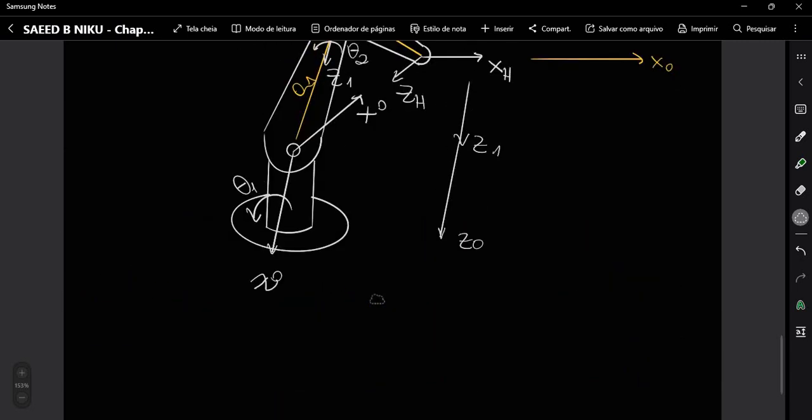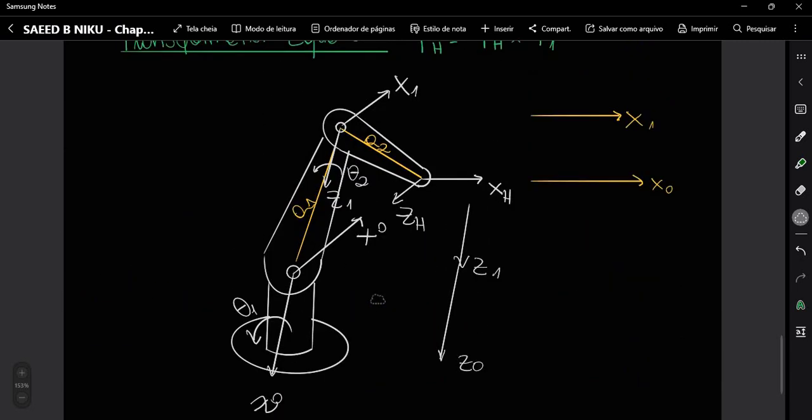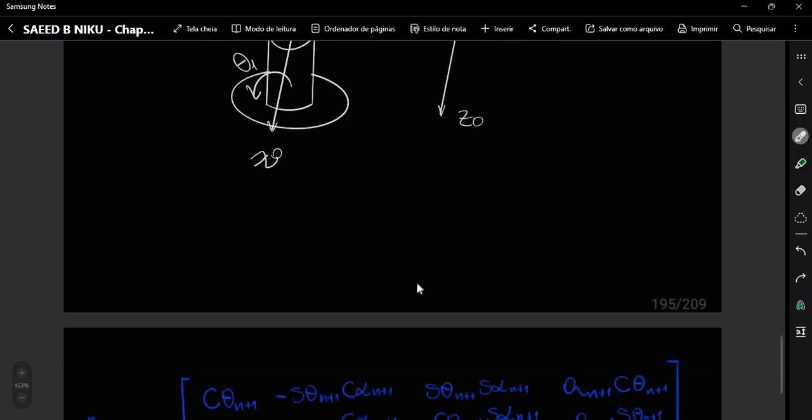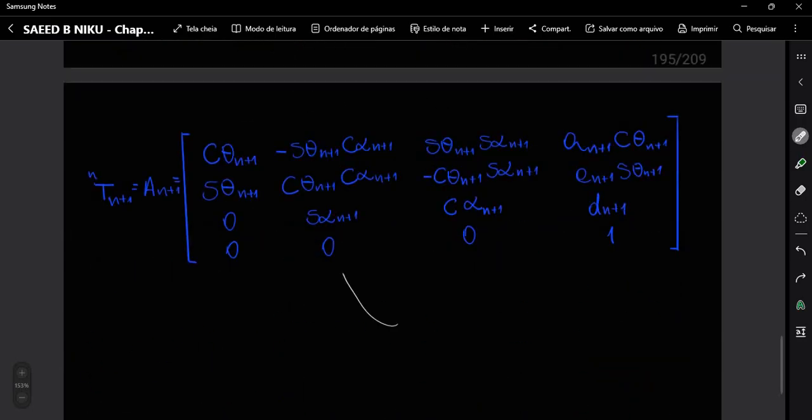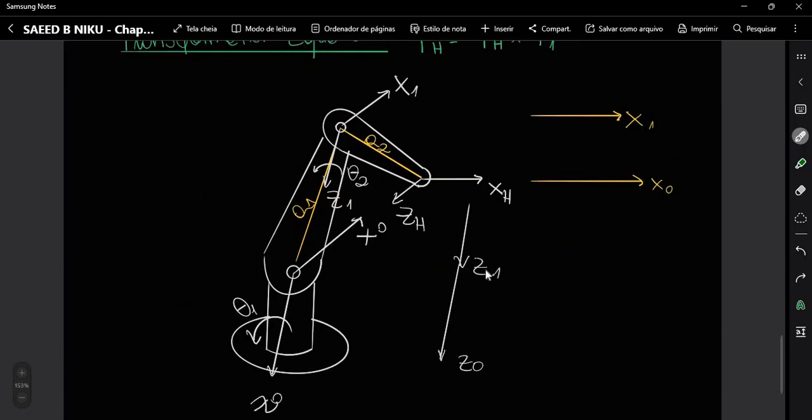So we need to look at this figure, this illustration, and using the axes of the frames, we need to decompose these axes into sine and cosine components, so we can substitute right here on the elements of the matrix, and also do the analysis of the motions that we are doing.